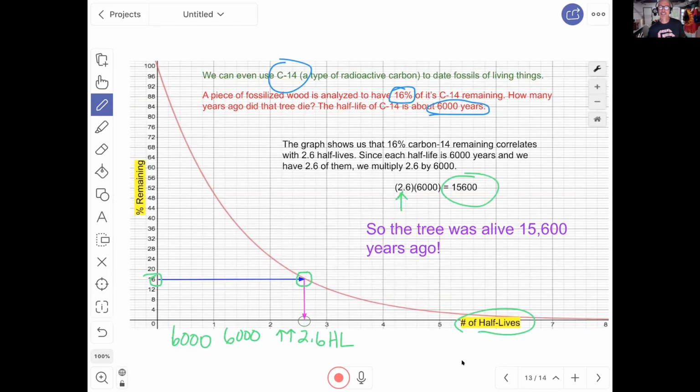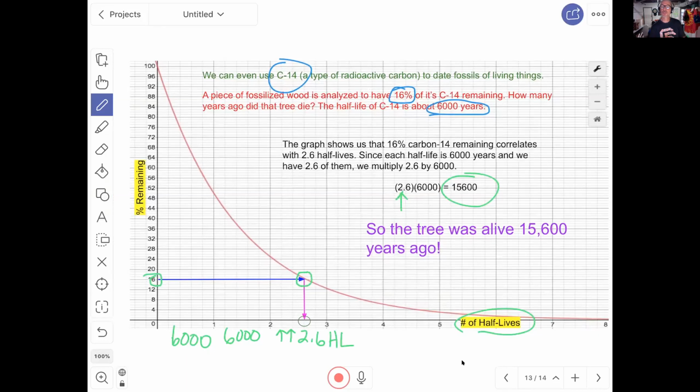Now, when that tree died, it doesn't live anymore, right? If you're an animal, you don't breathe. If you're a tree, you don't take in any more gas from the atmosphere. So that day, when that tree died, it stopped getting carbon-14. And from that day, the carbon-14 decayed and went to carbon-12, or actually, I think it's nitrogen.